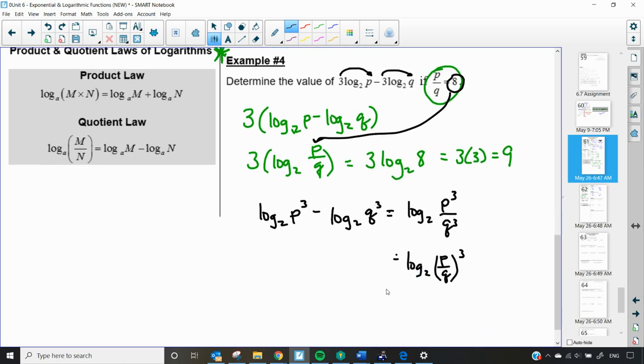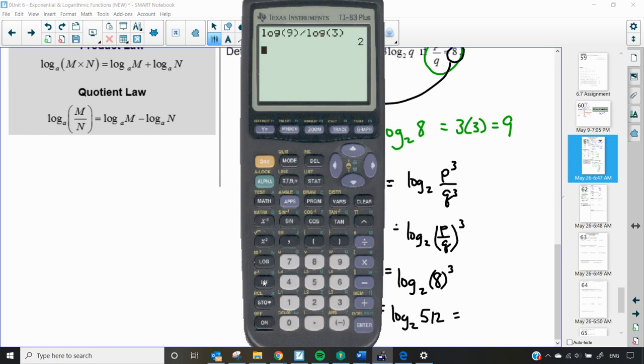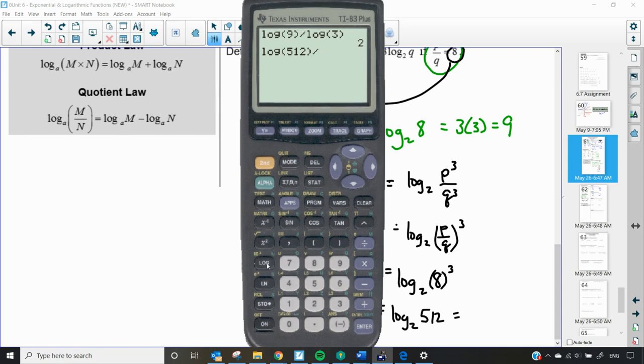Continuing on here, p over q was 8, so that gives us log base 2 of 8 cubed, which is log base 2 of 512. If we take that 512 and go log 512 divided by log 2, we will get 9. So log of 512 divided by log of 2 will give us 9.